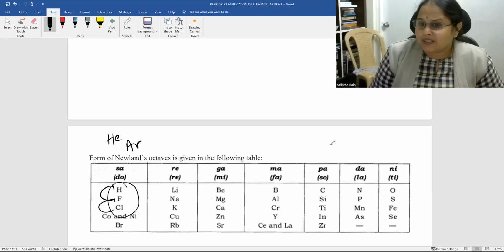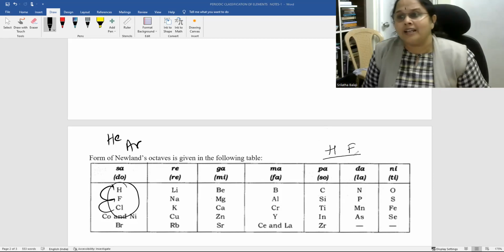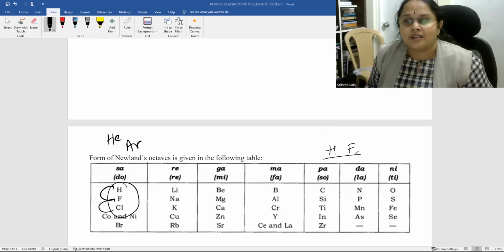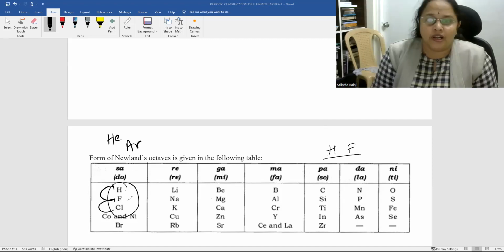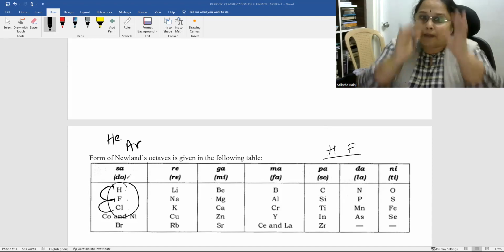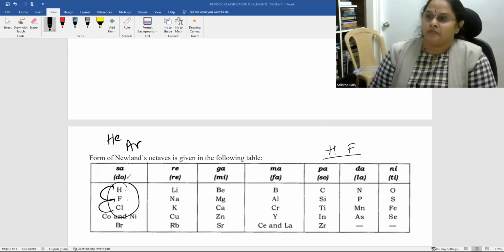So, when you have the same atomic number, can hydrogen and fluorine be isotopes? No. I have hydrogen, fluorine, chlorine. We said they resemble each other. That's why they are placed in one column.